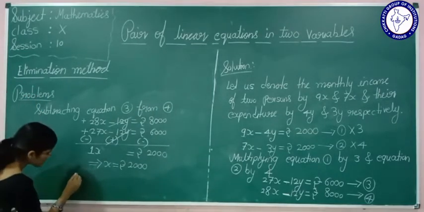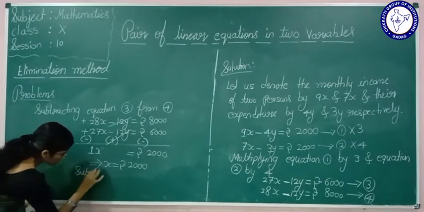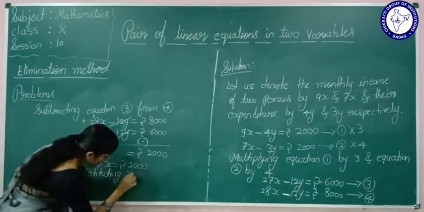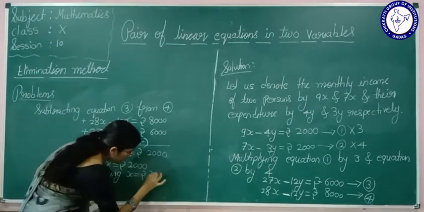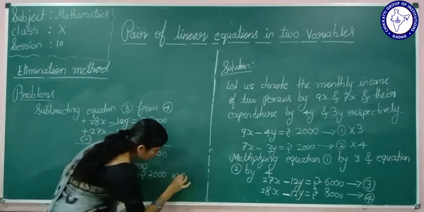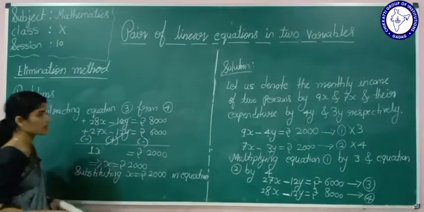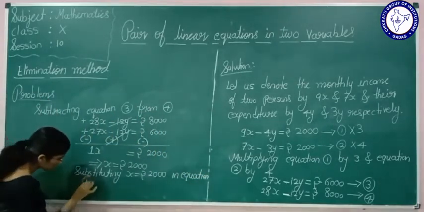Now substituting x is equal to rupees 2,000 in equation 1 or 2. You can put it in equation 1.